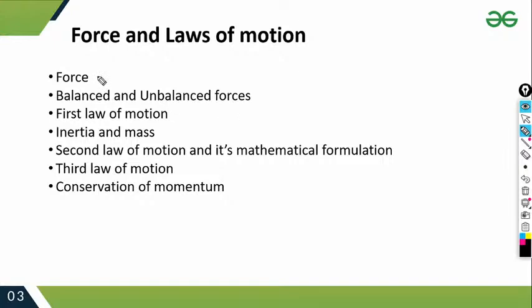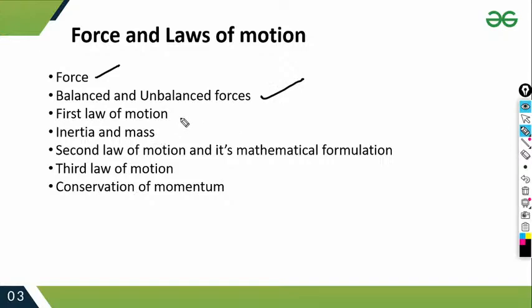In this lesson, first we will be having force, which is push and pull, the basic thing, and then we'll see balanced and unbalanced forces. You know that we have balanced forces, that's why we can stand on the earth's surface, or we can even move. There are forces acting in different directions, so we are going to see which are balanced forces and which are unbalanced forces.